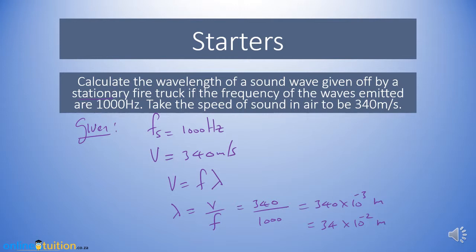That's pretty straightforward. So 34 times 10 to the minus 2 meters, what would that be? That's like 34 centimeters. A pretty short wavelength for a fire truck, but that's good enough. There's your answer.